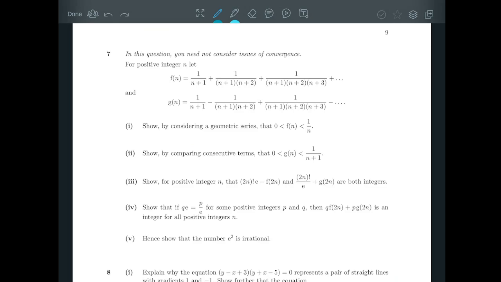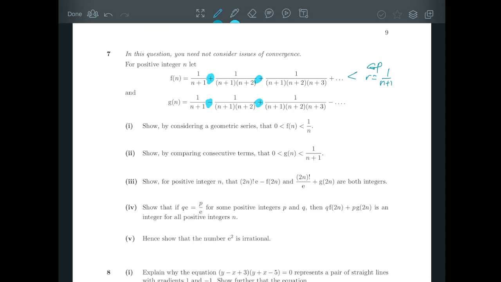So 7, we've got 2 functions. Notice the difference is we have f all positives and g oscillating signs. Show by considering a geometric series that f, yep, well I can say that this is less than the GP with a common ratio of that, so that's reasonable.